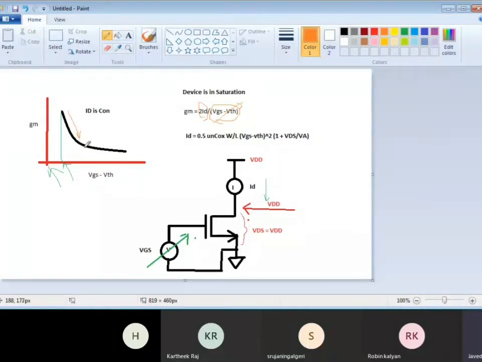But after that, as you keep increasing VGS minus VT in this direction, the impact will slowly start reducing. So that is what is captured in this graph. Or if you want to see it in the actual image, you will see this one.